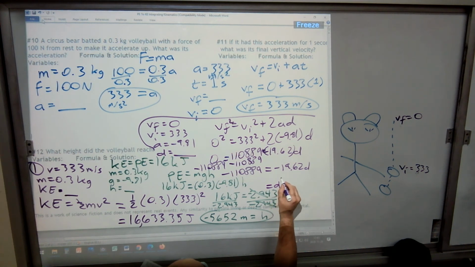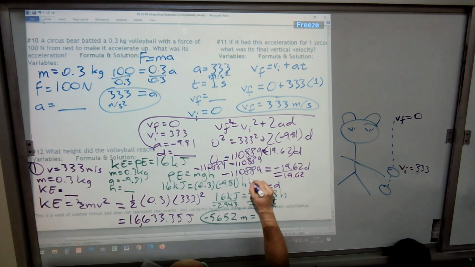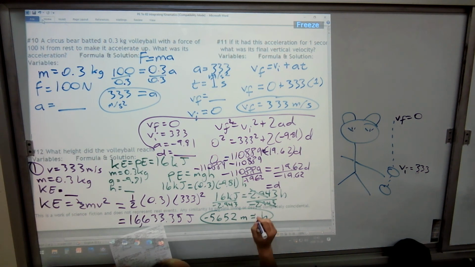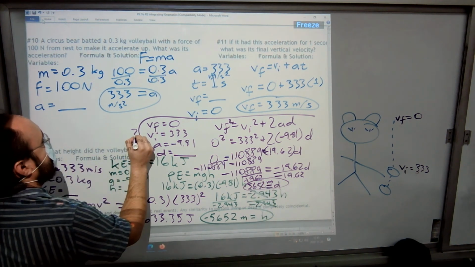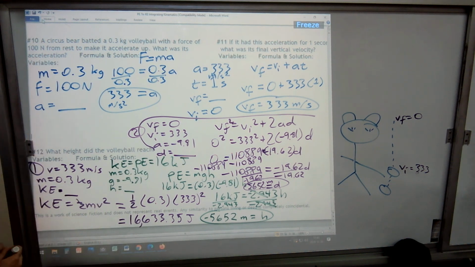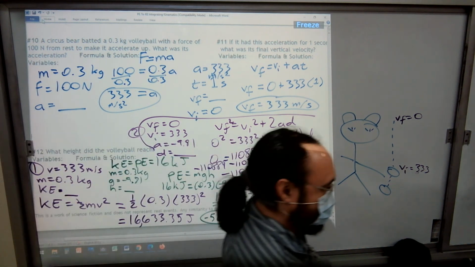We want it to say equals d, so I need to divide both sides by negative 19.62, and then I'll be done. And I get the same thing. I get that 5652 meters. So there's two ways to do it. You could do it that way or this way. I hope that helps.